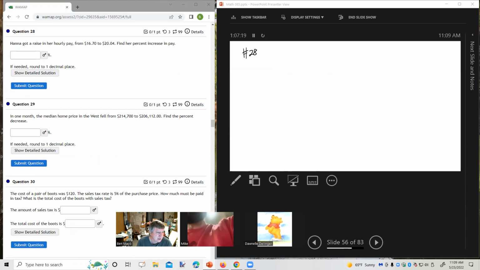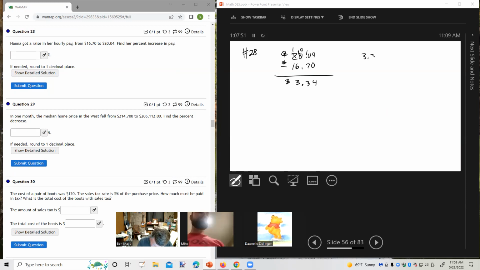Hannah got a raise in her hourly pay from $16.70 to $20.04. Find her percent increase in pay. All right, so let's see, that's 4, 3, 3. So her increase in pay was $3.34.